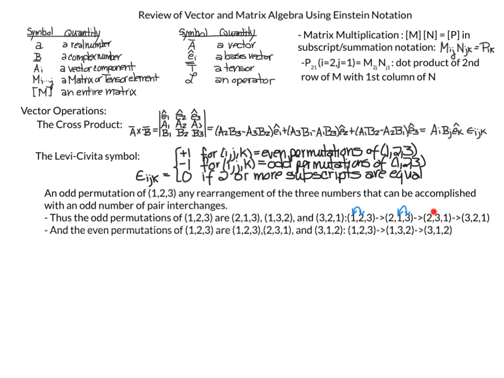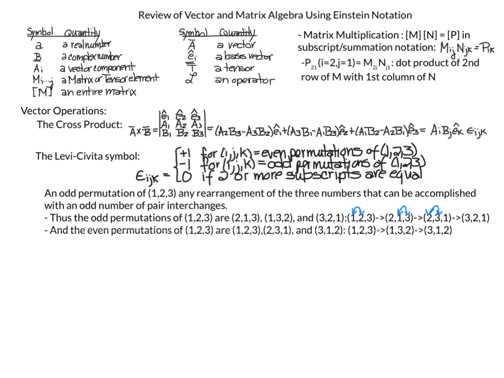And then finally, I changed the position of 2 and 3, and I get 3, 2, 1. You may do your interchanges in different orders, or you may have extra interchanges, but to get from 1, 2, 3 to 3, 2, 1, you're always going to have an odd number of interchanges. I had 1 interchange, 2 interchanges, and 3 interchanges. So that's an odd permutation.